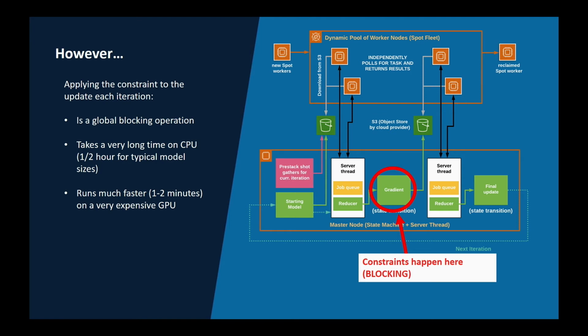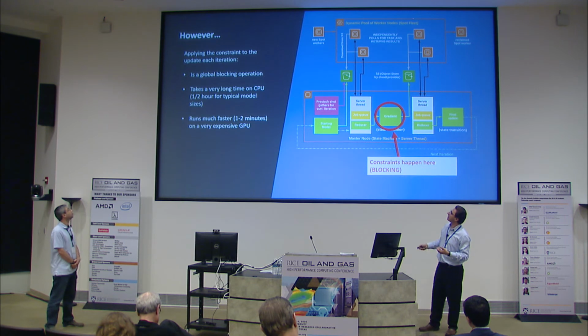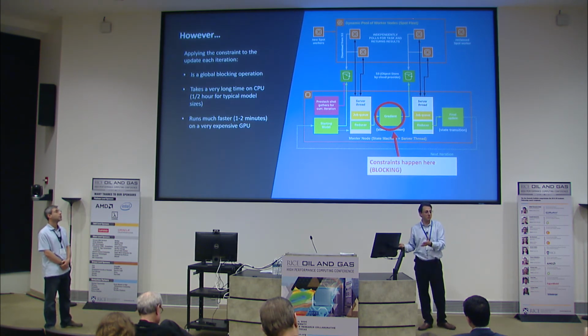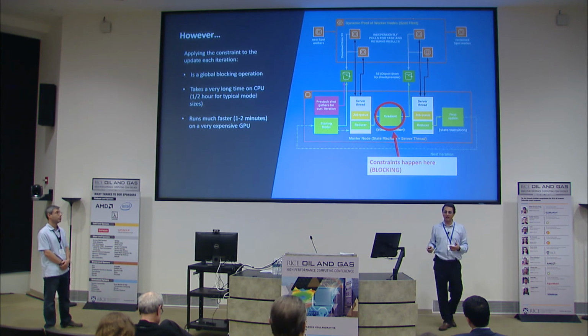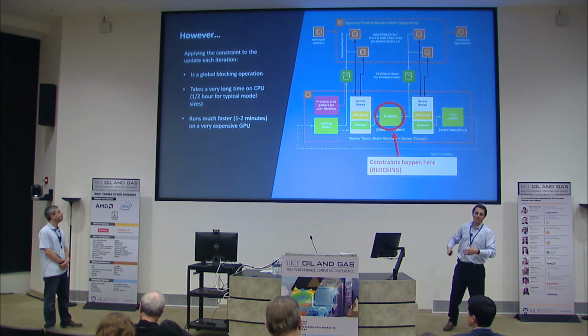Because in this process, there is still this gradient calculation that is a very, very meaty blocking step. That step alone was very significant in the processing, because it would take something like half an hour on a typical model using the same CPUs that we're using for the normal FWI step.